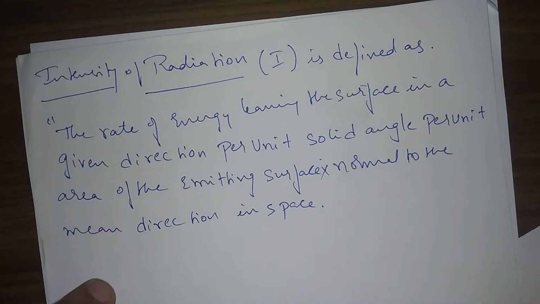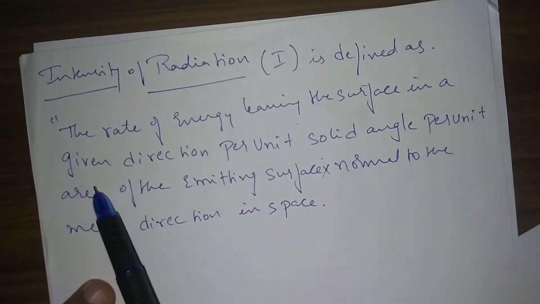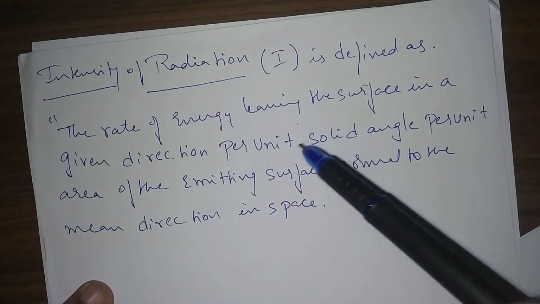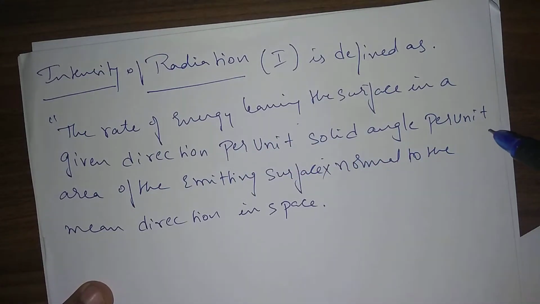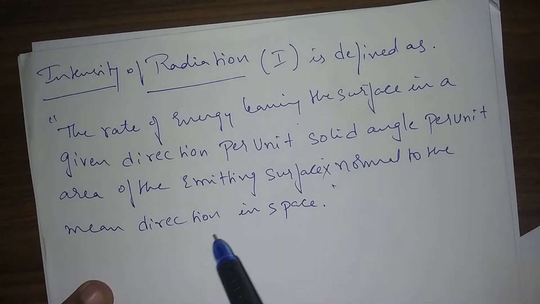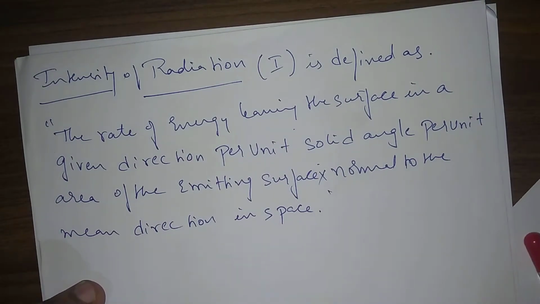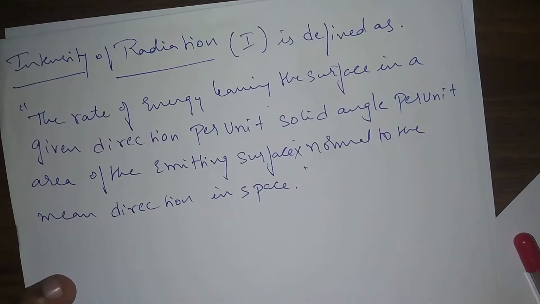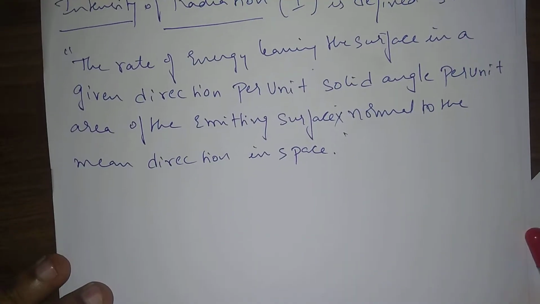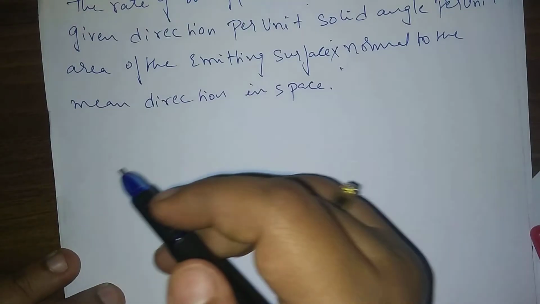Now that we have defined the solid angle, we will read it one more time. The rate of energy leaving the surface in a given direction per unit solid angle per unit area of the emitting surface normal to the mean direction in space. Understood? If you do some simplification, you can end up with an expression for the intensity.